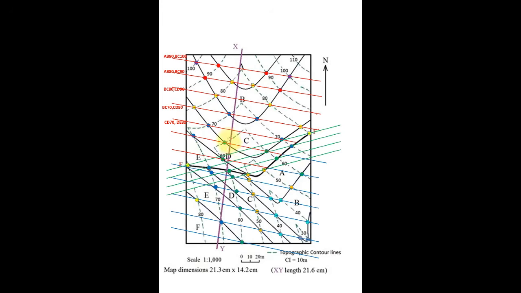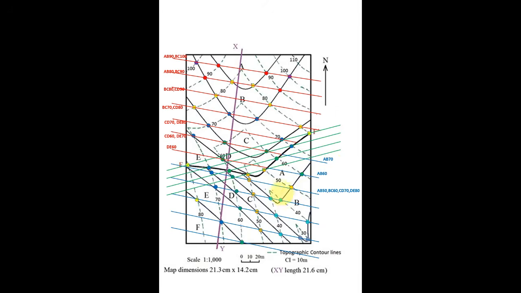Coming to the next one, we have CD 60 and DE 70. The next one is DE 60. That's it, right? Moving to the lower rocks, we have AB 70, we have AB 60.